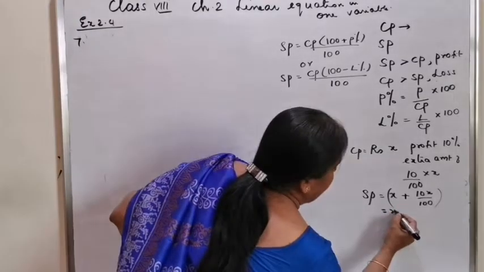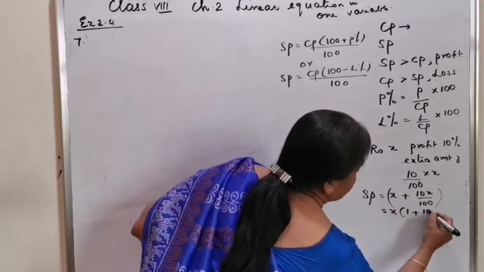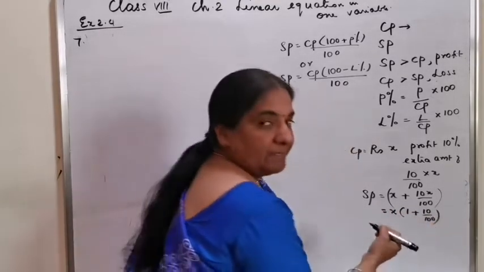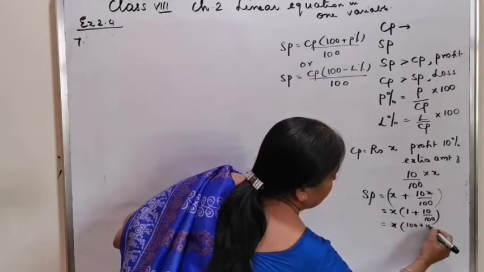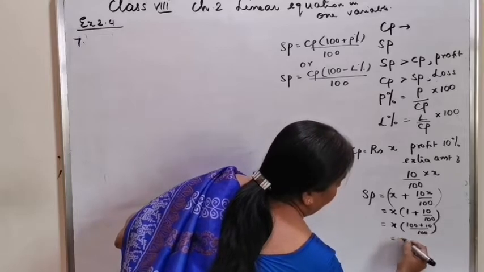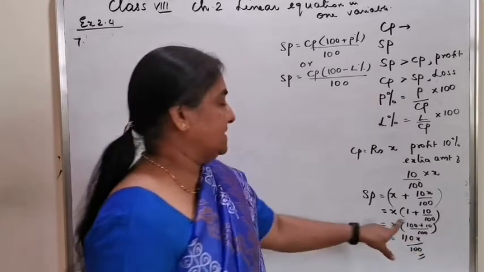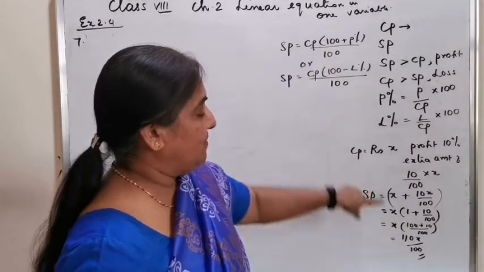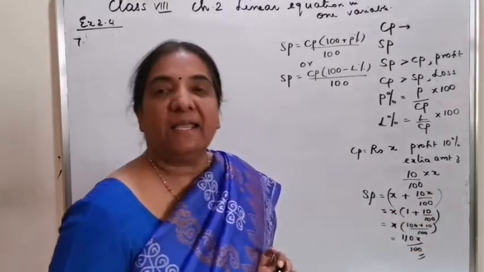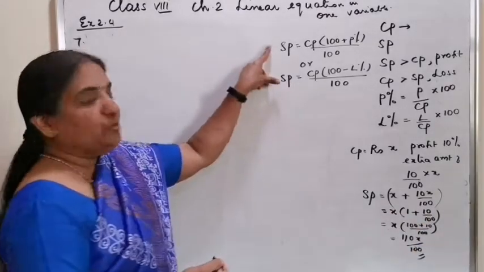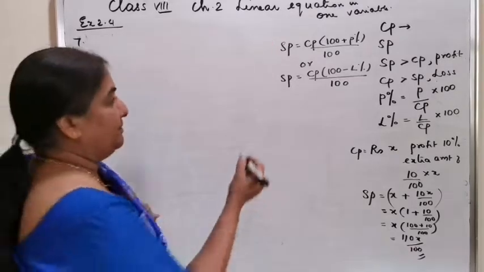If you take the X common here, it becomes 1 plus 10 by 100. When you take LCM, it is 100 plus 10 by 100, or 110x by 100. It is the same formula, CP into 100 plus profit percent by 100. So even if you use this formula directly, you can use it in the next problem.